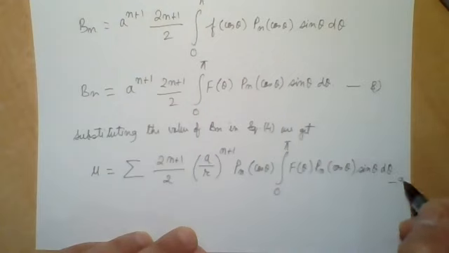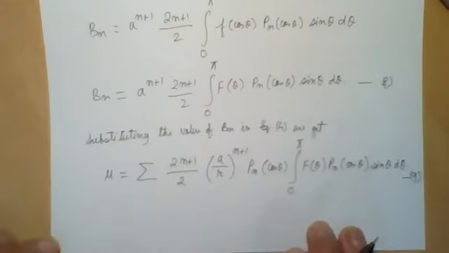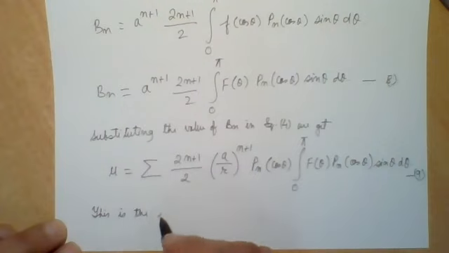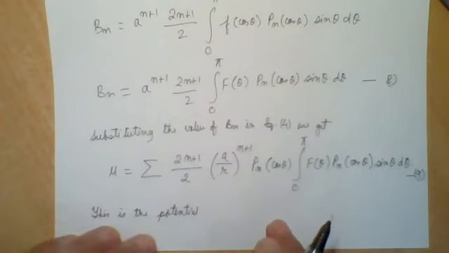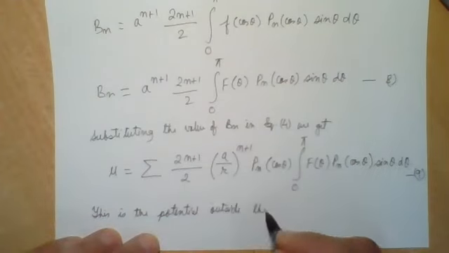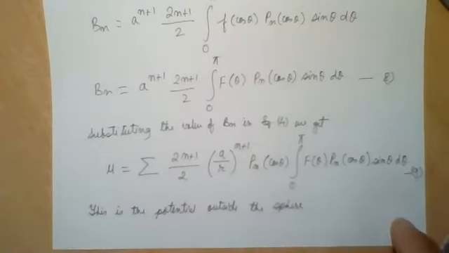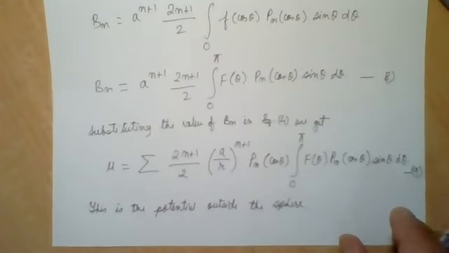This we can call equation number 9. Okay, this is the expression for the potential. This is the potential outside the sphere.